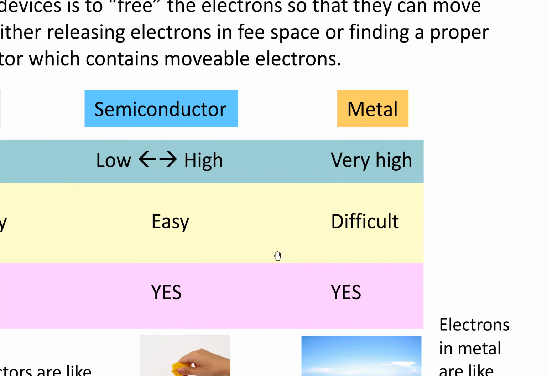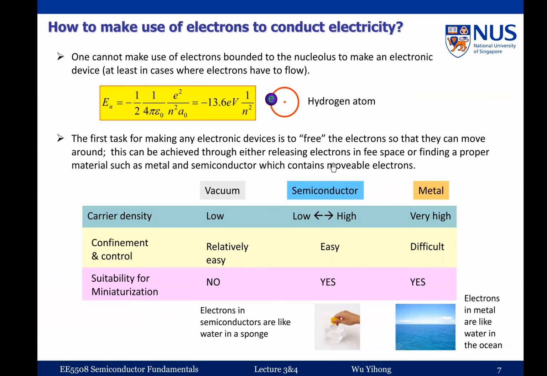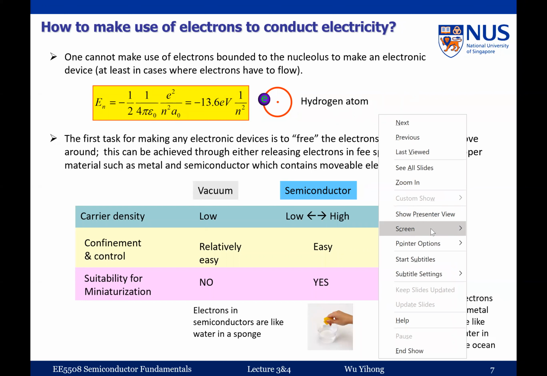Let's see what happened to this. So I go back to this again. Remember, I apply a voltage V equals 0, and this is grounded.